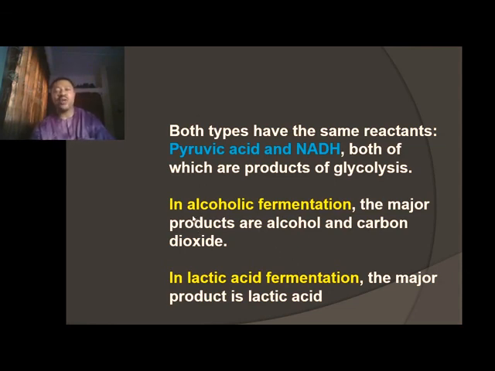We'll consider this process in our next lesson. In alcoholic fermentation, the major product is alcohol, and carbon dioxide is given off. While in lactic acid fermentation, the major product is lactic acid.